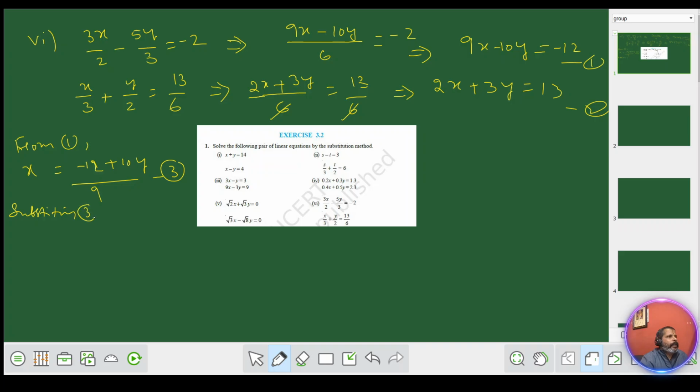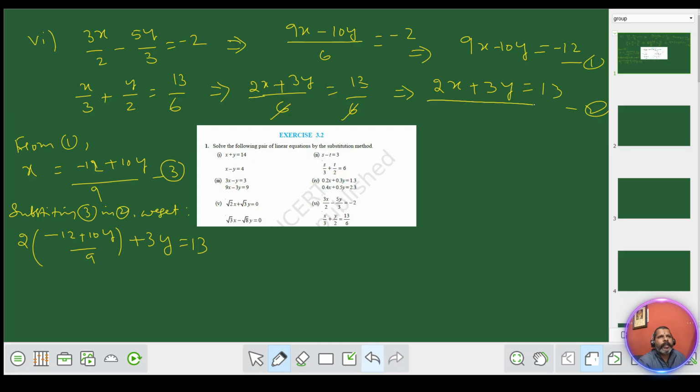Substituting 3 into 2, what do we get? 2 of x. X is what? X is minus 12 plus 10y by 9 plus 3y equal to 13.